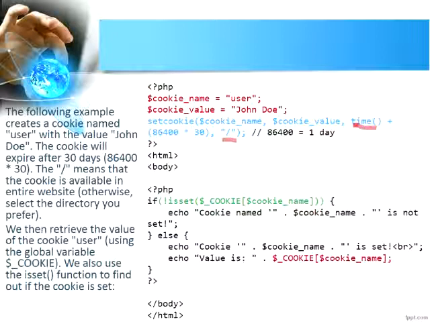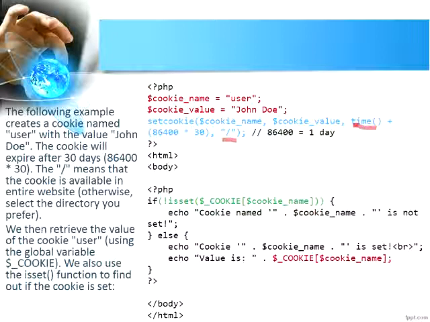So when we write time plus constant, that means this cookie expires after this constant. It's clear just how we can create a cookie.